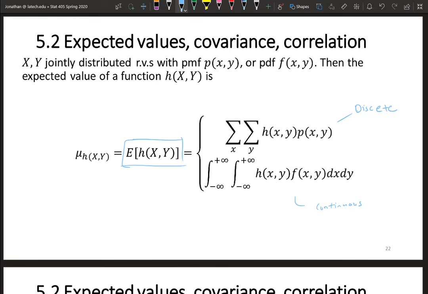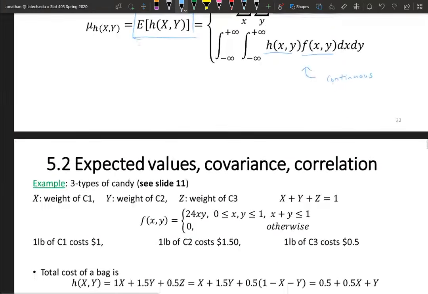The game is we just multiply the function h by the probabilities in the discrete case, or we multiply the function h by the PDF in the continuous case and integrate. So it's kind of the same thing that we've done, just we have a double integral or a double sum versus a single integral or a single sum. But yeah, pretty much the same thing.